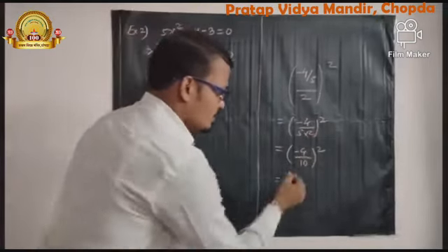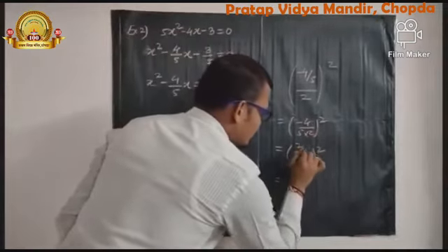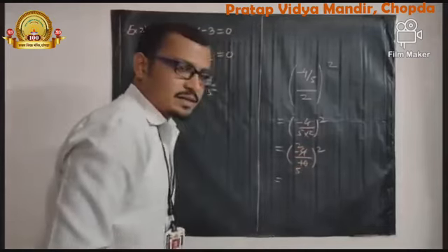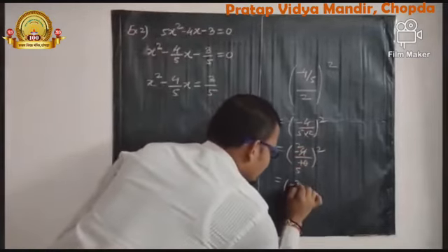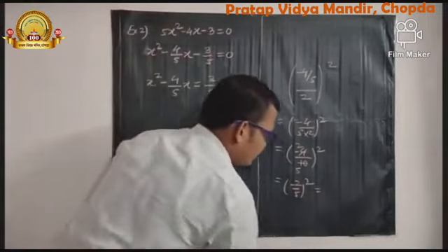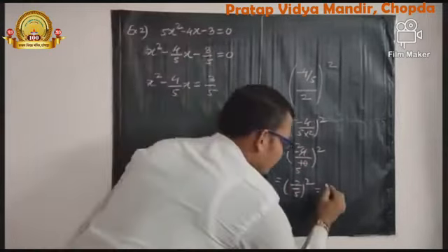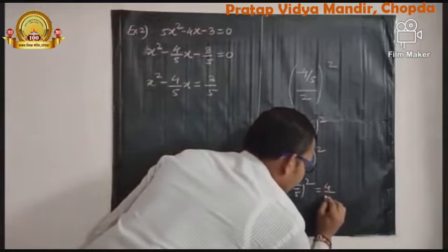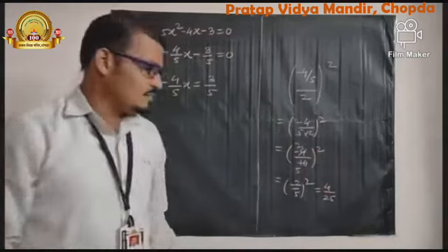Now solve this. 2 2s are 4, 2 5s are 10. So we get minus 2 upon 5 squared, and that is nothing but 4 upon 25.